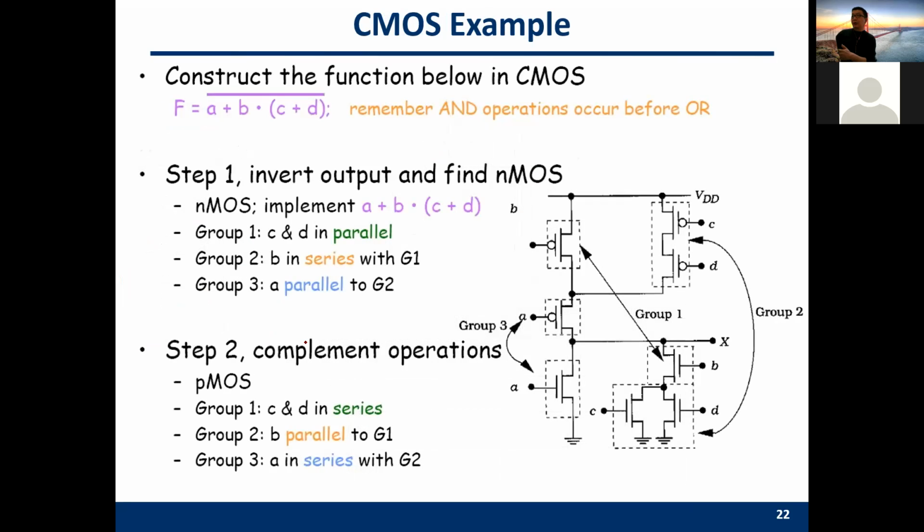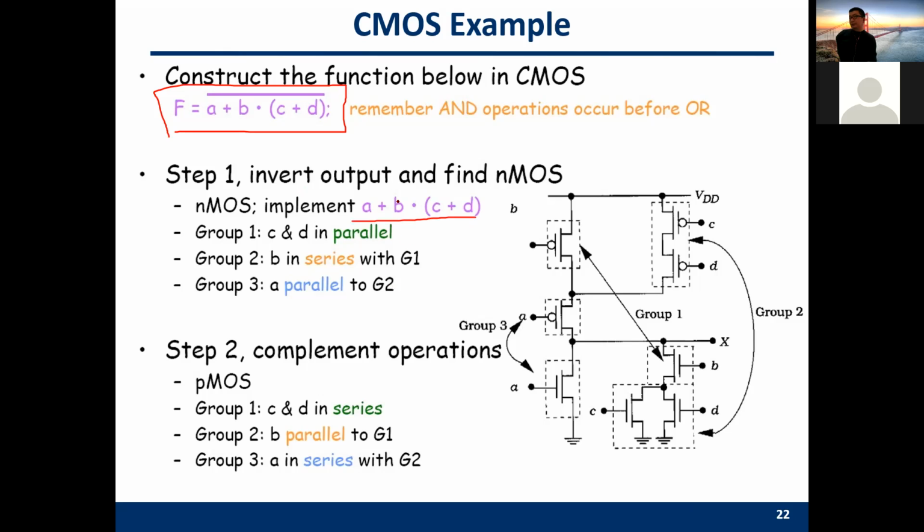So here is the algorithm to build a CMOS network. So if I ask you to construct this function by CMOS gate, the first step is to invert the output. So we have a large bar here. When we do the inversion, we get this.